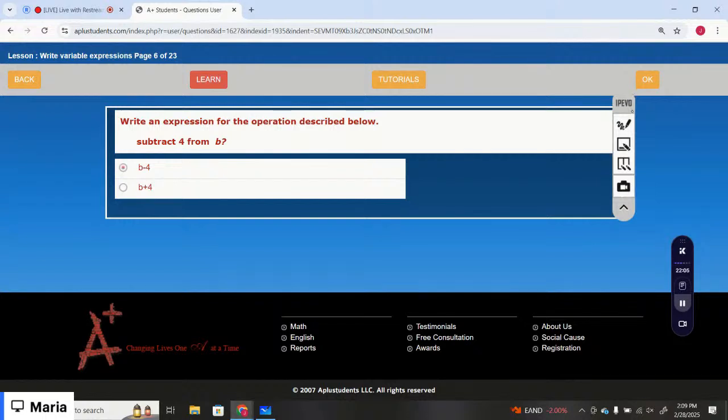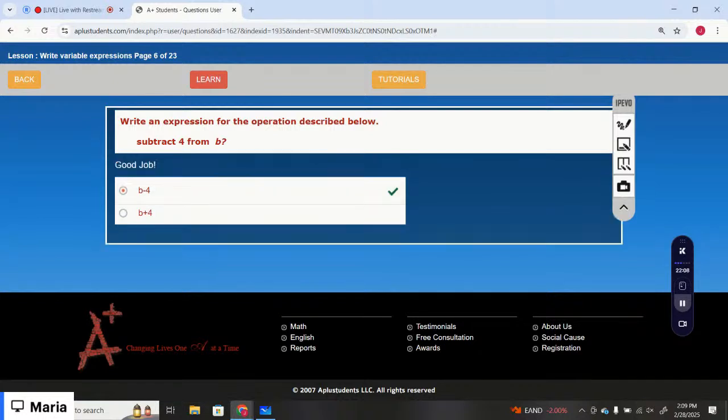That is b minus 4. Option number 1 is the correct option.